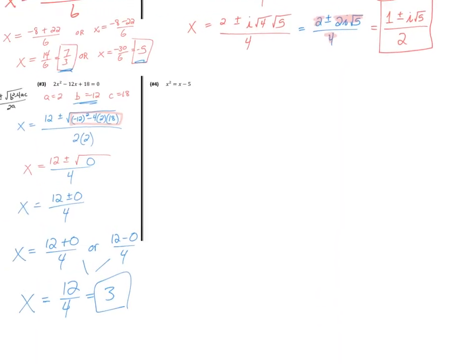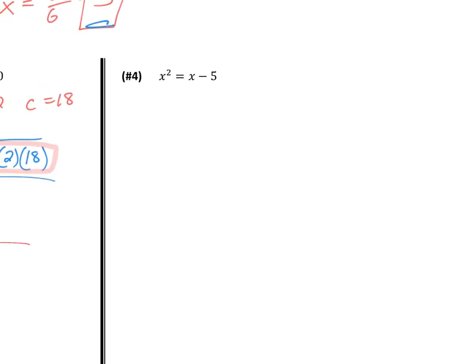All right, and then we have our last one, number 4. We have to make this equal 0. So we're going to minus x and add 5. So x squared minus x plus 5 equals 0.